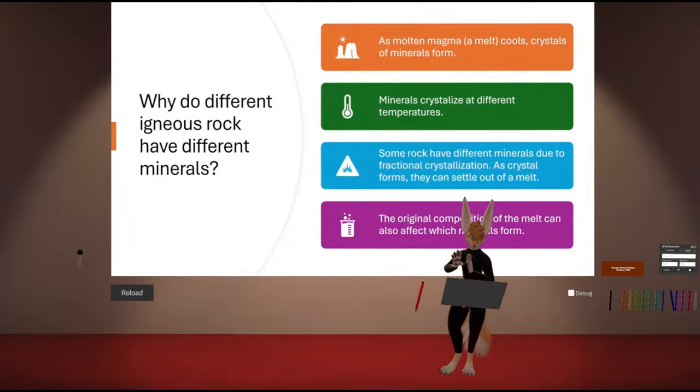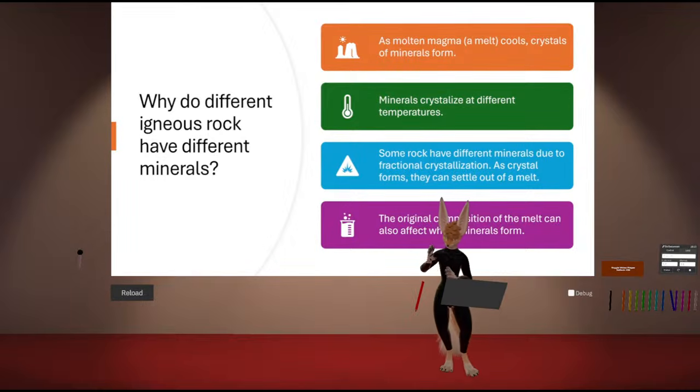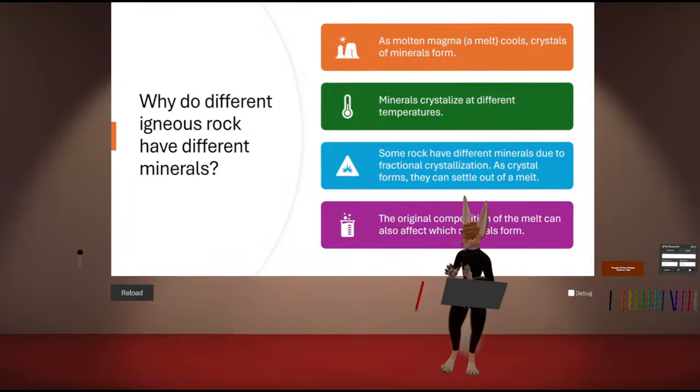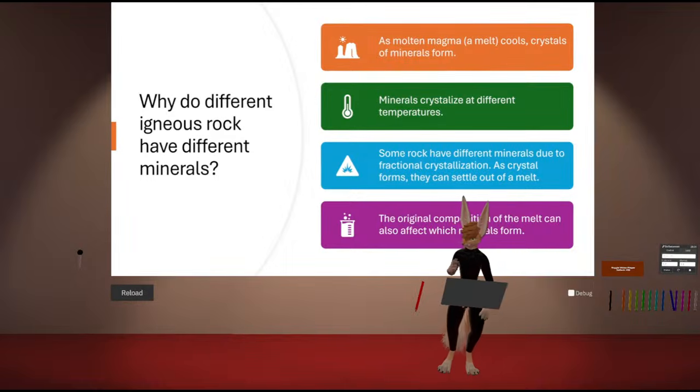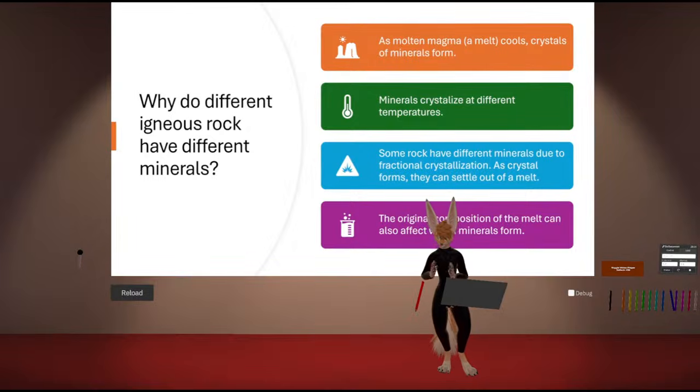And the final part, the original composition of a melt can also affect which minerals form. Melts high in silica tend to form granites, which may have high silica minerals, and melts high in iron magnesium tend to form gabbro, which have many iron magnesium rich minerals.